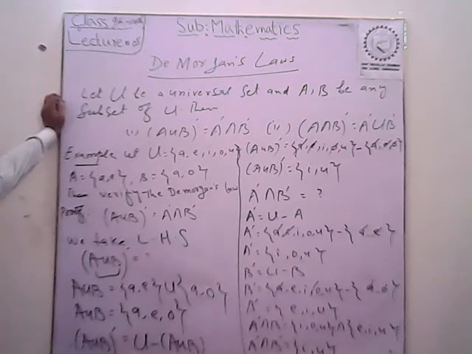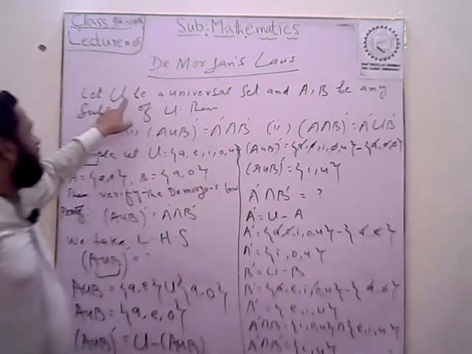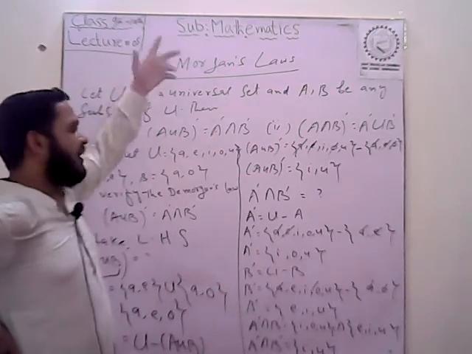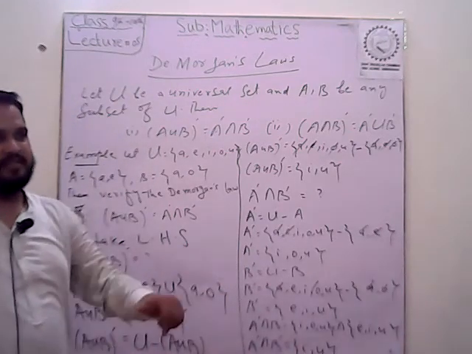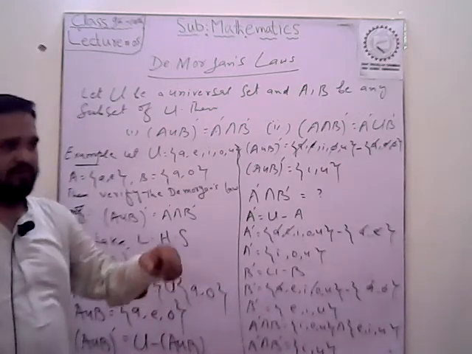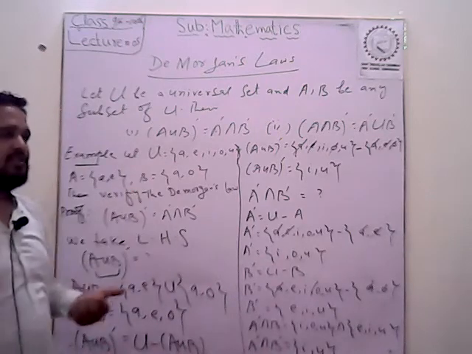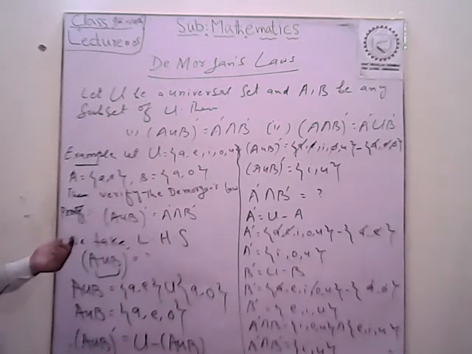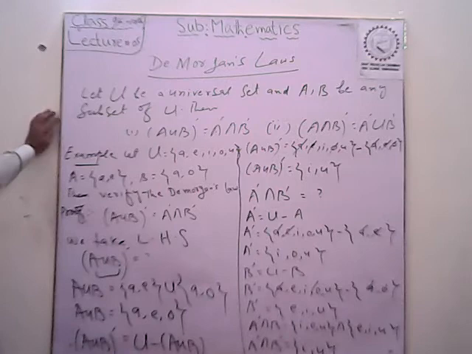Now we take an example. We will prove the first property of De Morgan's law. Let U is equal to {A, E, I, O, U}. This is a universal set. By the definition, U is any universal set, then the two sets we have given are also subsets of U. We can see here on the board A is equal to {A, E} and B is equal to {A, O}.